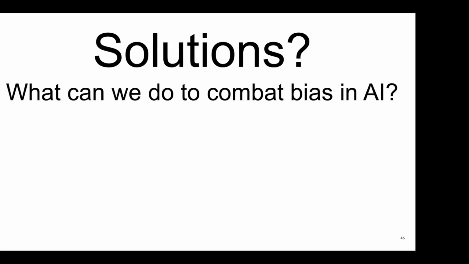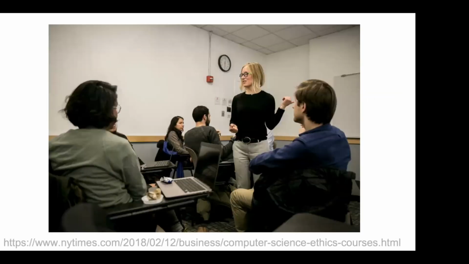So really, what's the solution and how can we combat the bias in our AI algorithms? A lot of organizations and institutions have decided to include ethics topics in the computer science courses that are offered in these universities.